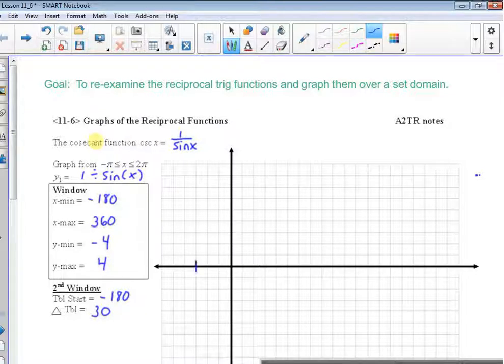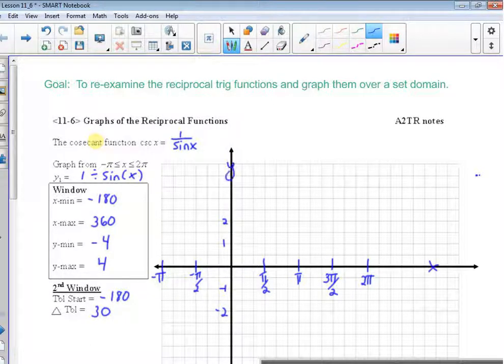This is negative pi over 2, this is negative pi, pi over 2, pi, 3 pi over 2, and 2 pi. And we're going to go 1, 2, negative 1, negative 2.